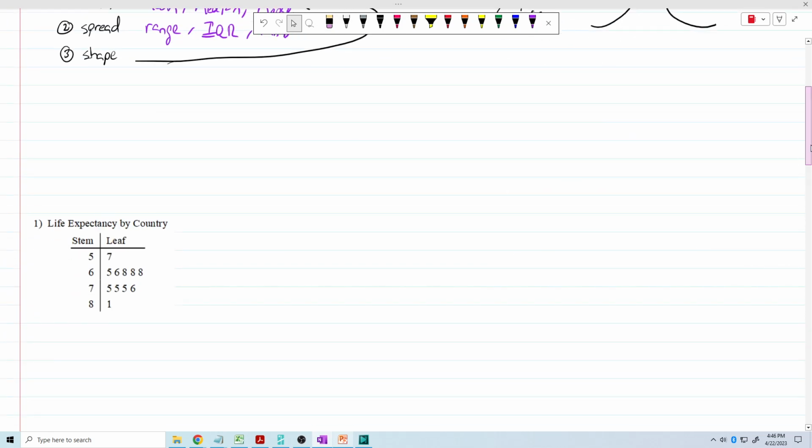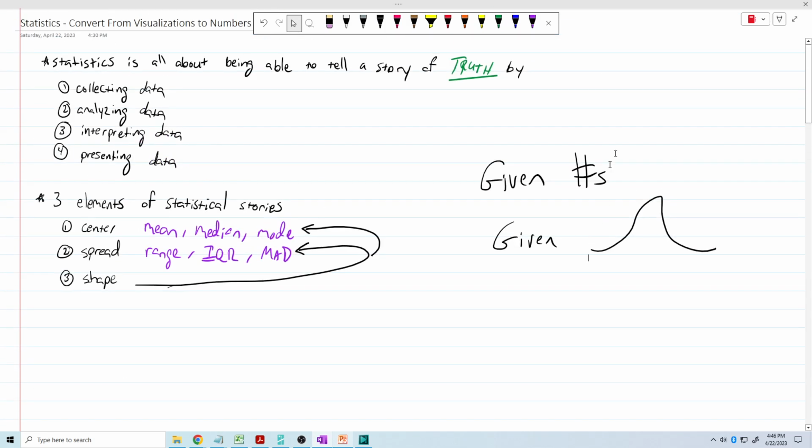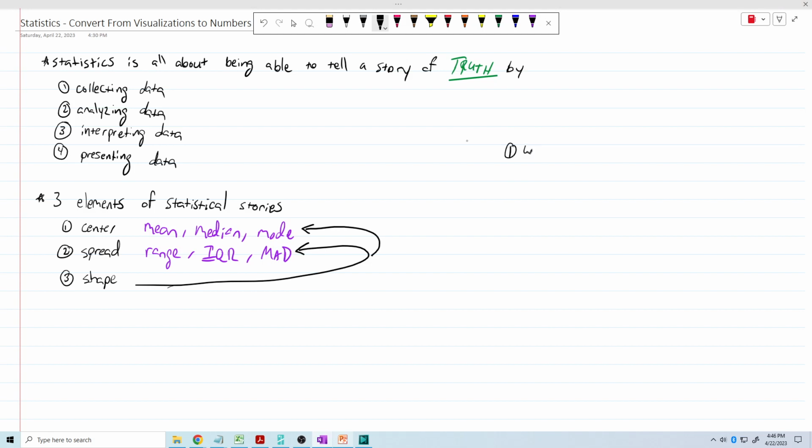I've got a couple of visualizations here. Stem and leaf plot. Before anything else, we're going to list out all the numbers. So I'll go back up here and write what we're going to do on all these examples. We're going to write out all the numbers in the data set.